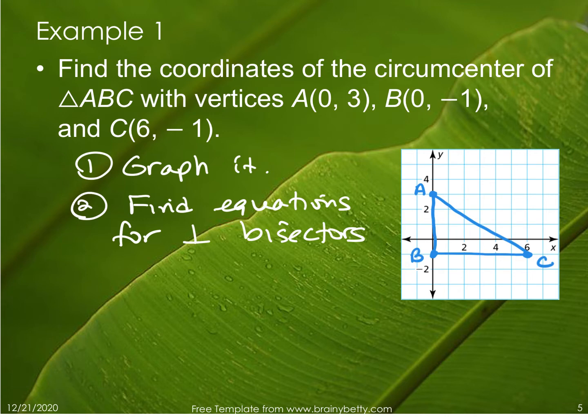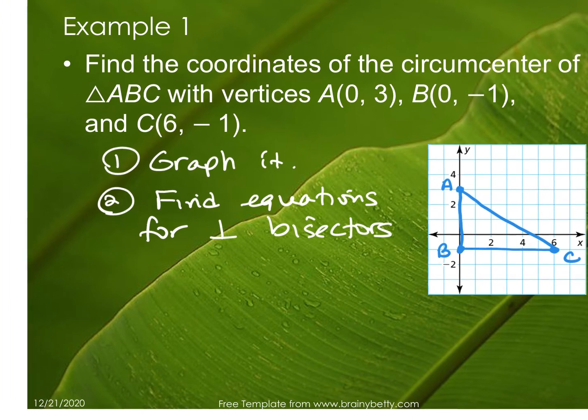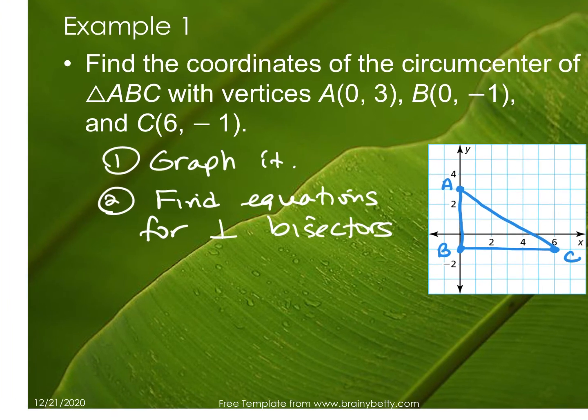We need to first find the midpoint, because remember the perpendicular bisector is going to hit at the midpoint. So the first thing I'm going to do to find this equation is I need to find the midpoint of sides AB. To find the equation for the perpendicular bisectors, I need to find the midpoints of the sides.